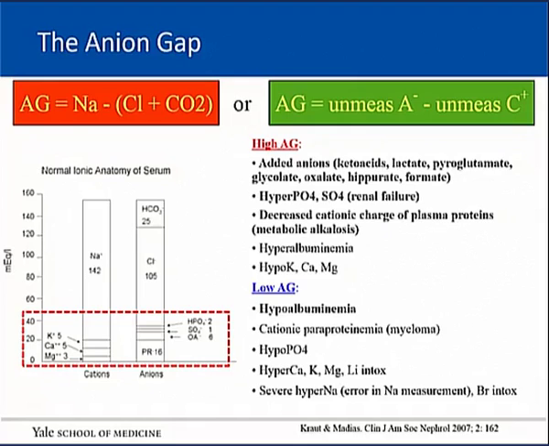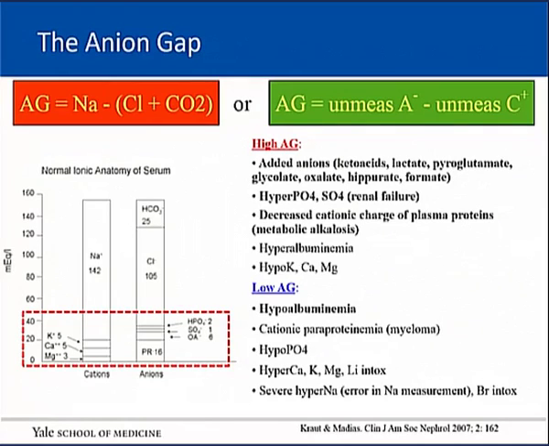One important caveat is that albumin is the most important component of the anionic side of the anion gap. So if you have lower albumin levels, you're going to have an anion gap that looks smaller. So that's important in patients in the ICU who have very low albumins, 1, 1.5. You need to remember to adjust for that.